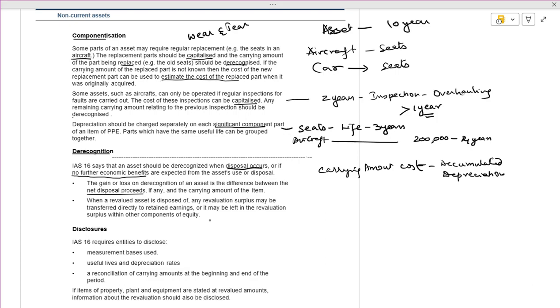When a revalued asset is disposed of, any revaluation surplus may be transferred directly to retained earnings. Why are we transferring directly to retained earnings?